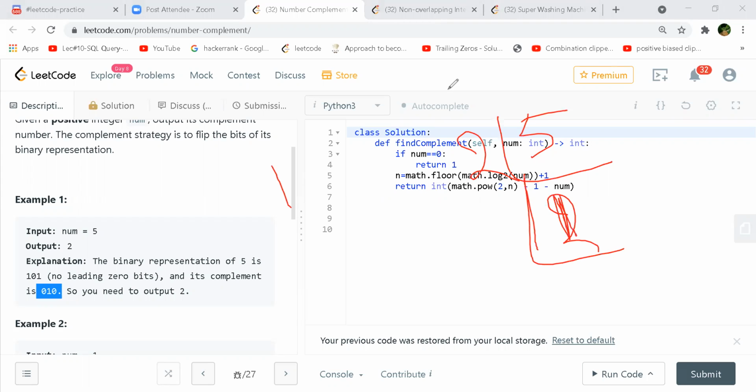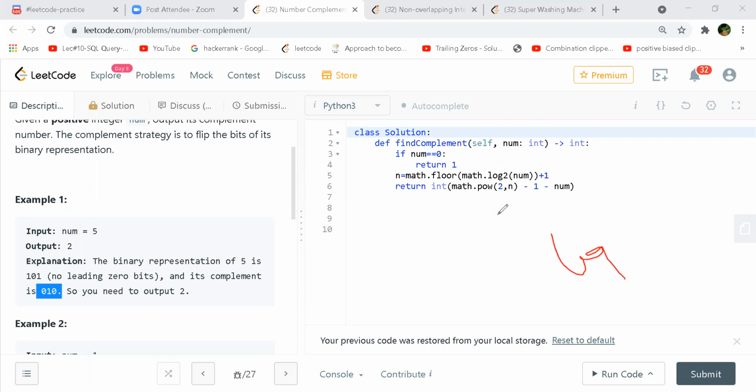Log 2 of 5 will be 2 point something. You take 2, plus 1, so n is 3 for 5. The n comes out to be 3.